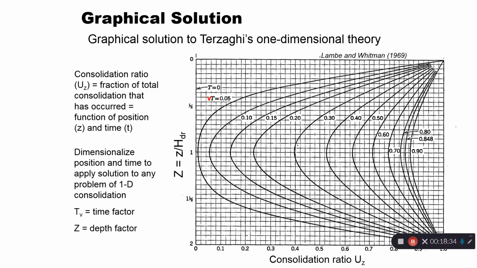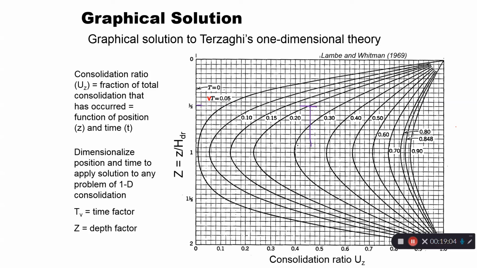Then from the chart, we're gonna enter 0.5. So right here, we just trace it until it intersects with the 0.2 curve, about right here.